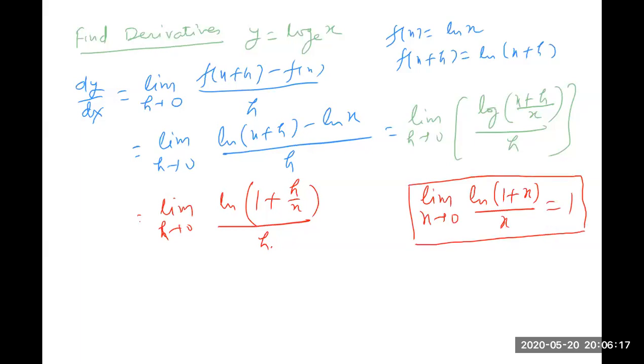That means the important thing is that this part and this part must both be the same. So here h upon x is there. So what I will do, I will divide this by x and multiply it by x. So this also becomes h upon x. Now this quantity will be 1, because log(1 plus x) upon x is 1. So the answer will be 1 upon x.